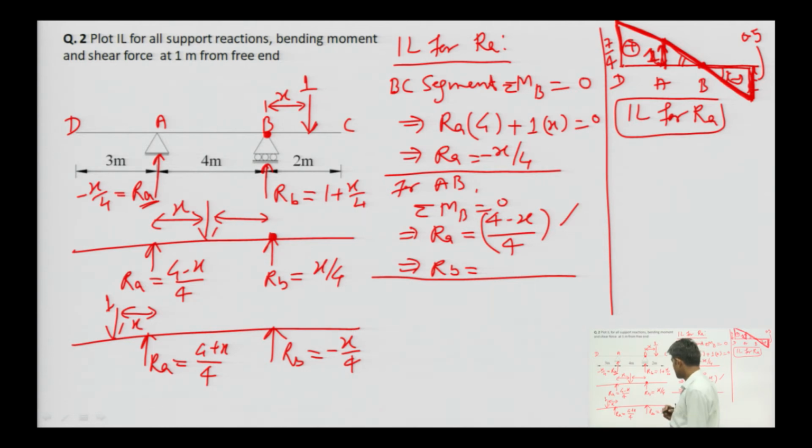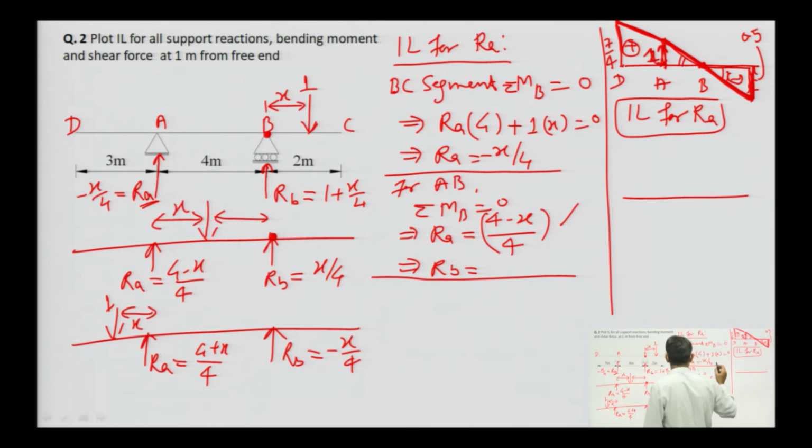Right. Now we can plot the IL for RB also with the help of these equations.